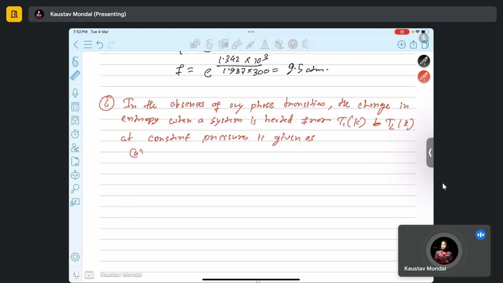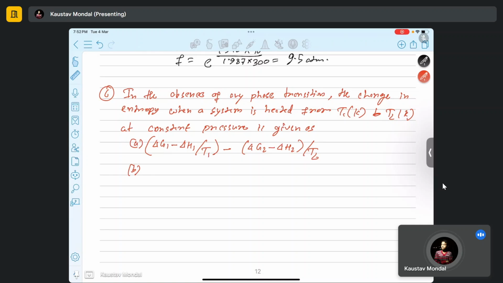There are four options. Option A: delta G1 minus delta H1 by T1 minus delta G2 minus delta H2 by T2. Option B was Cp ln T2 by T1.